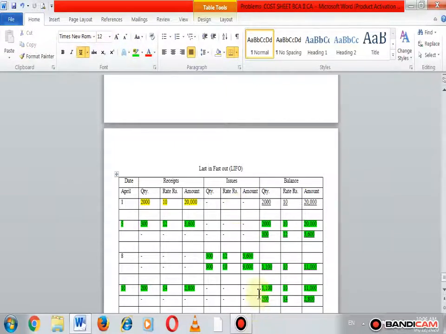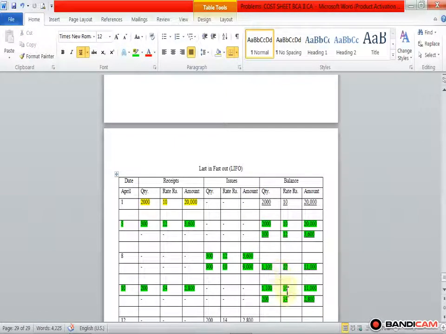Our balance is 1100 into 10, amount total 11,000, and on 10th April we received again a material of 200 units amounted to rupees 2800, with rate per unit 14. So our balance is 1100 and 200 units.